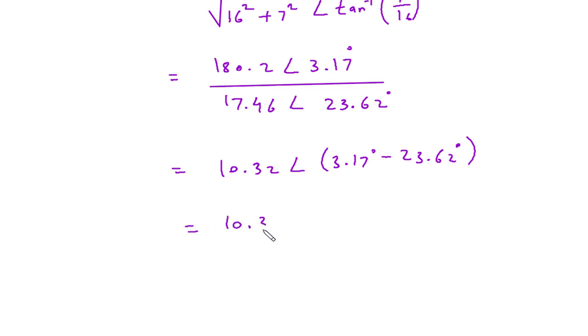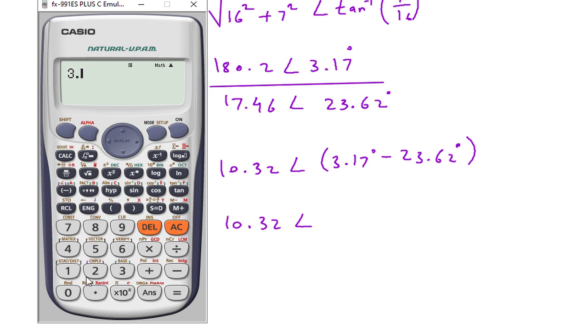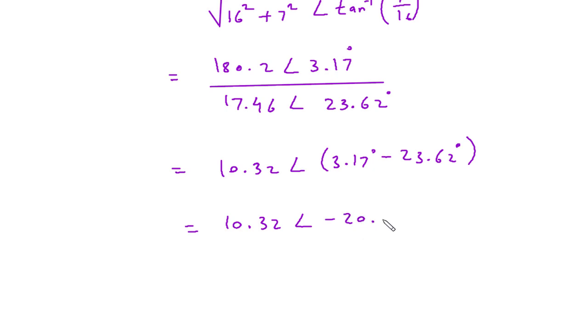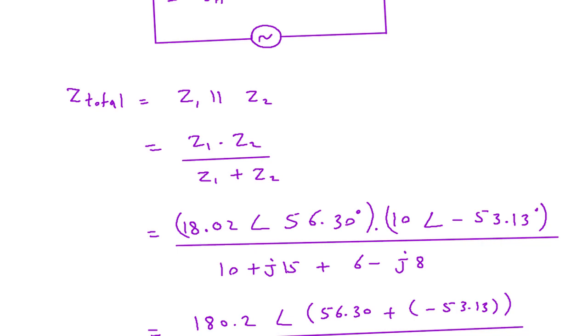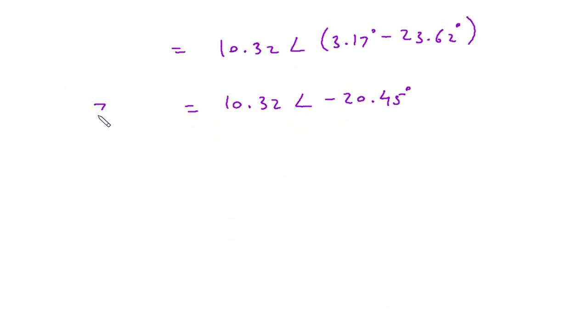So it will be 10.32 at an angle of 3.17 minus 23.62. So it is minus 20.45 degree. This is the value of total impedance Z total.